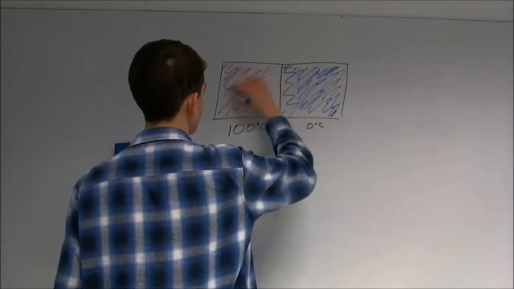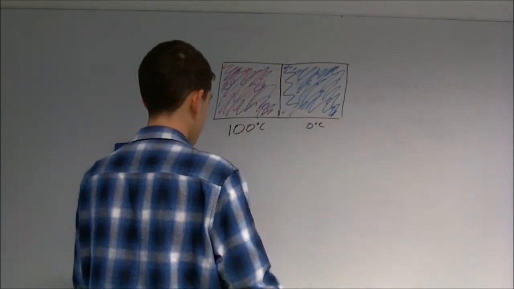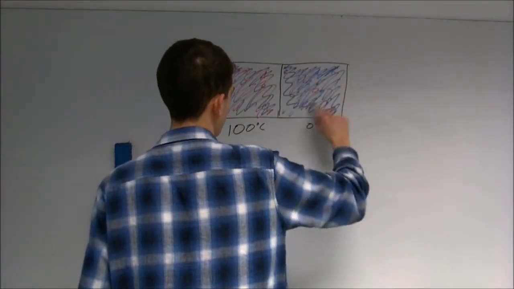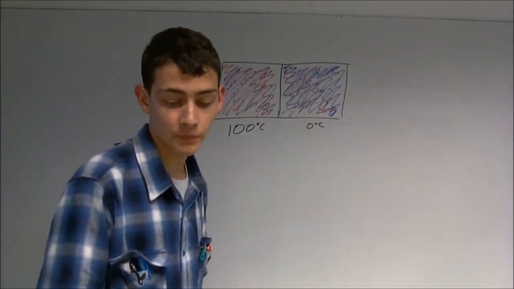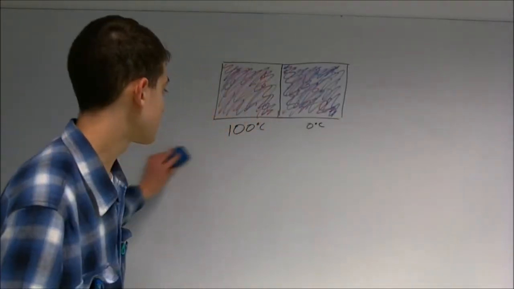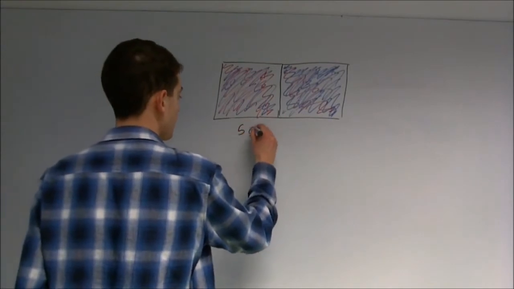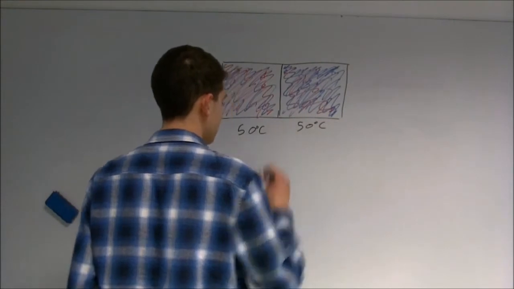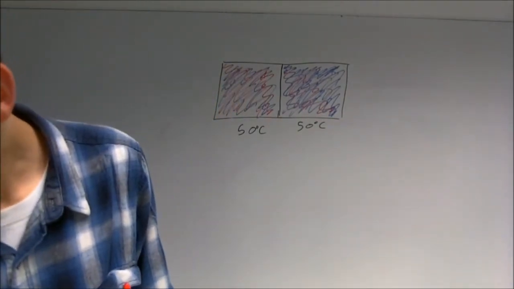Go ahead and add some blue here to show that it's cold, and fill the rest of the red in, adding some right here to show that it's warm. After a certain amount of time, since these are the same mass and they don't melt or change state, they should both end up at 50 degrees Celsius. So there's the direction of thermal transfer.